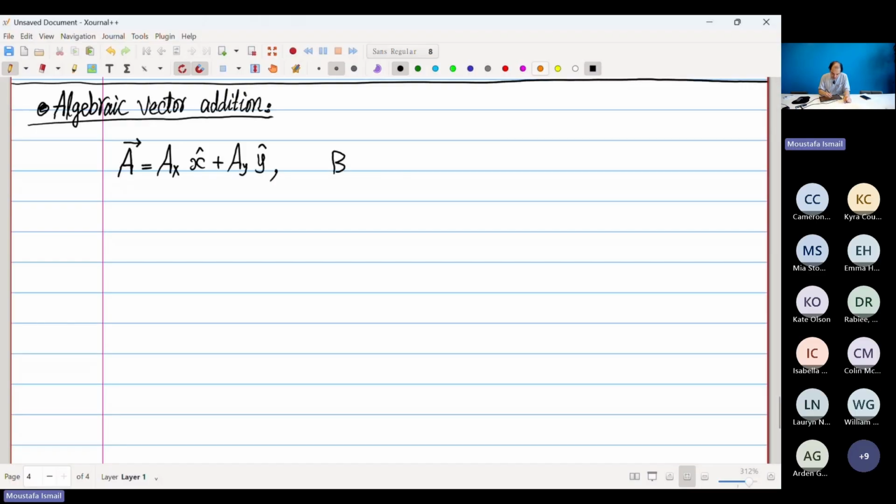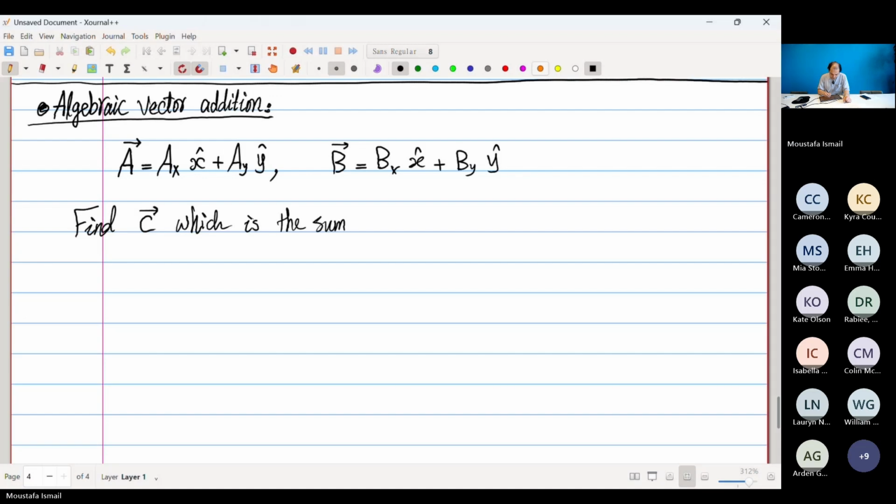And for B, we have B_x along x hat plus B_y along y hat. And we want to find the vector C, which is the sum of A and B. So C is defined as A plus B.